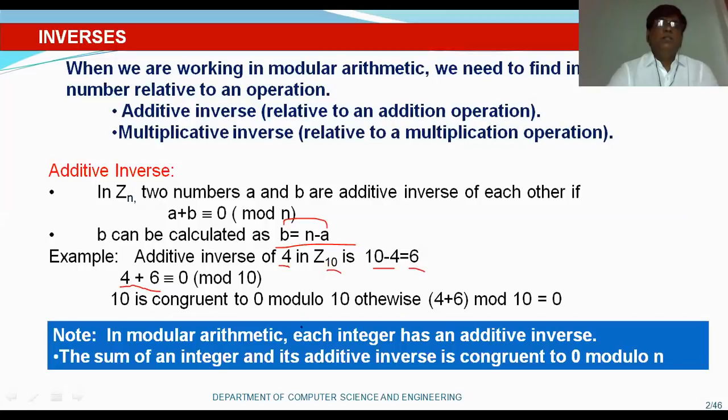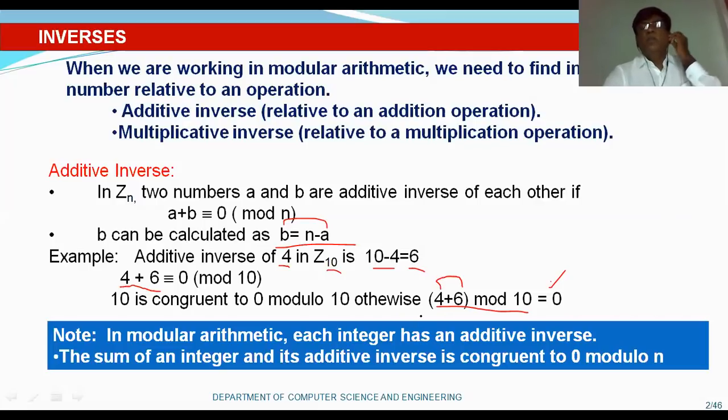When you divide 4 plus 6 by 10, we get a 0 remainder. So if you get the 0 remainder, that means 6 is the additive inverse of 4.